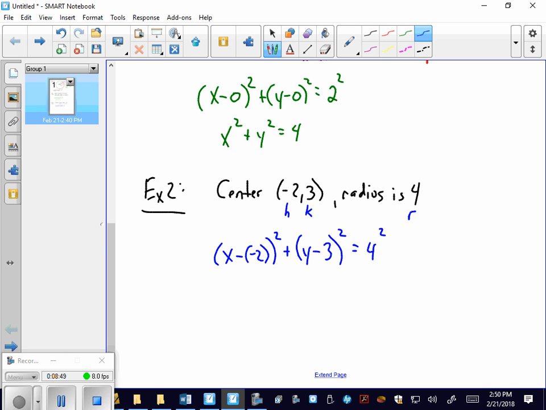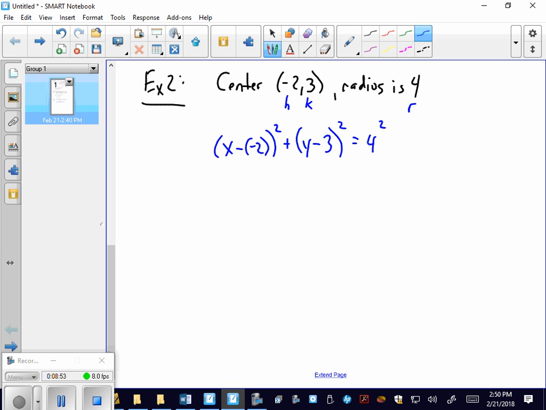And then we'll simplify. We don't need to FOIL all this stuff out or anything like that. We just need to simplify if we have a minus minus. So we'll clean it up a little bit basically. So that x minus minus 2 is x plus 2 squared plus y minus 3 squared. And then of course we want to simplify the 4 squared, and that just gives us 16. Again, that's the standard equation of a circle. And this one was centered at (-2, 3) with a radius of 4.